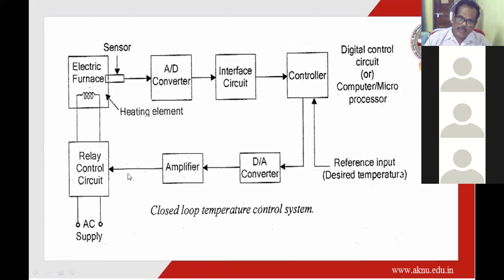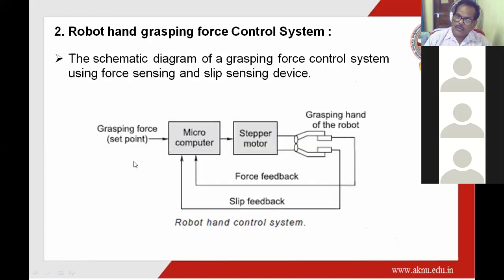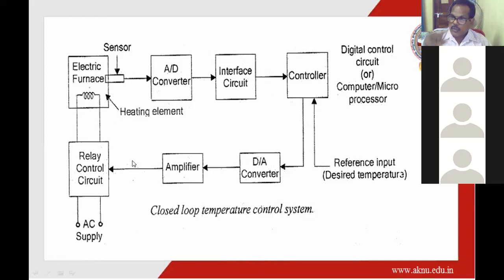Here we give the excitation signal to control the current through the electrical coil. If the temperature rises, we decrease the current through the coil. If the temperature is less, we increase the current. This is the controlling action to maintain the proper temperature in the electric furnace.